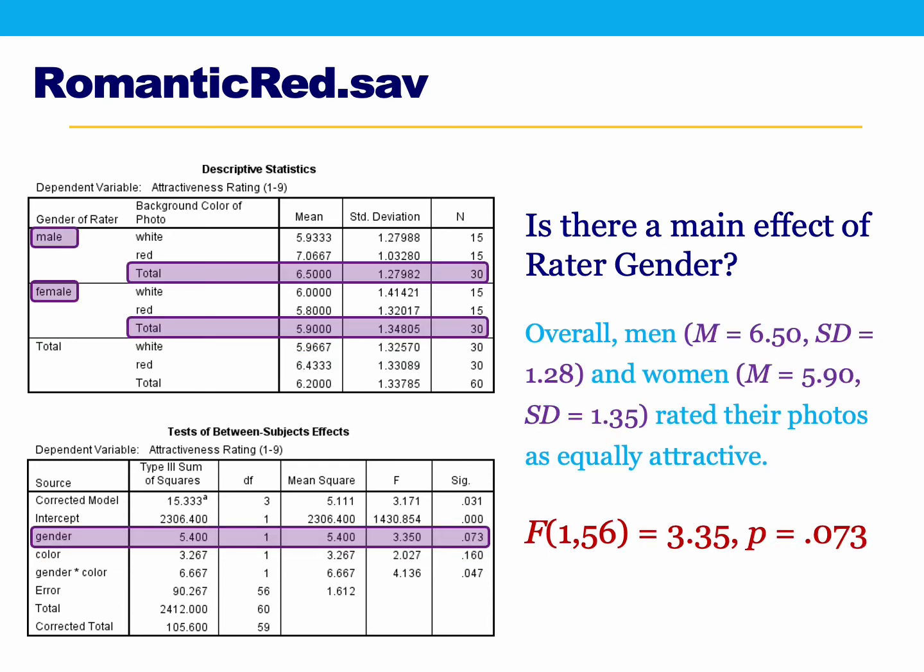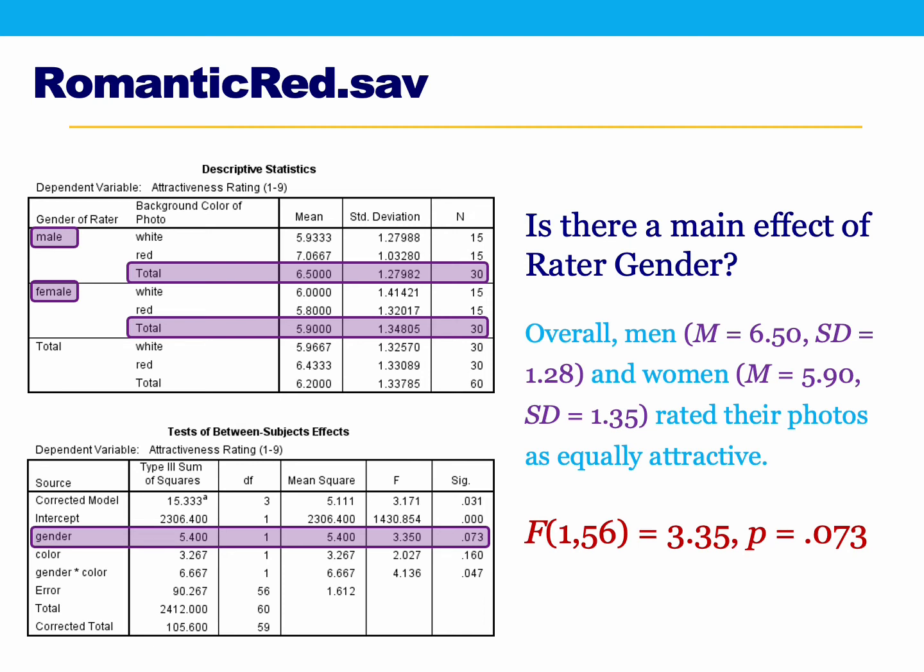Is there a main effect of the rater? Again, if we want to look at the means, we would go to our descriptive stats table, look under total again, and compare the total values for male versus female raters. What we would see is that the mean between them is 6.5 versus 5.9.